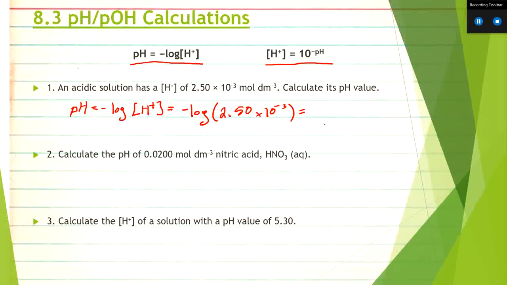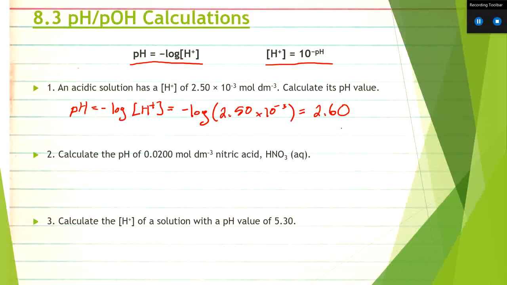That gives us a pH of 2.60. There are no units associated with pH as we are taking the log of the number, so it is a unitless quantity. So we're dealing with a fairly acidic solution in this case.